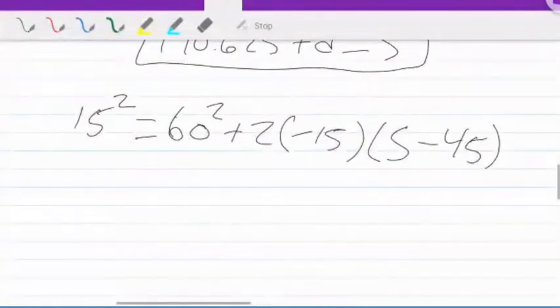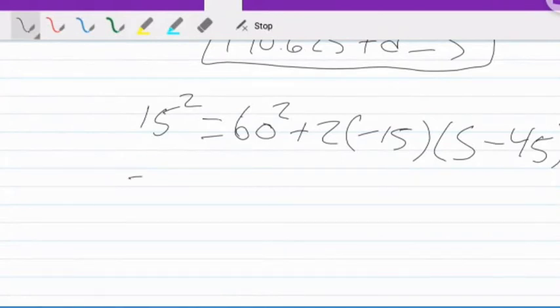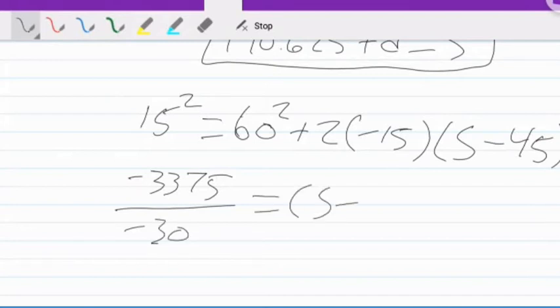So once again, we have 15 squared minus 60 squared gives us negative 3375 divided by negative 30 is equal to s minus 45. So we have negative 3,375 divided by negative 30 plus 45. So s is equal to 157.5.